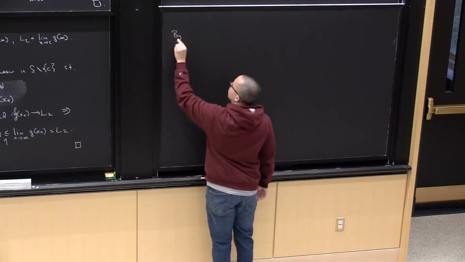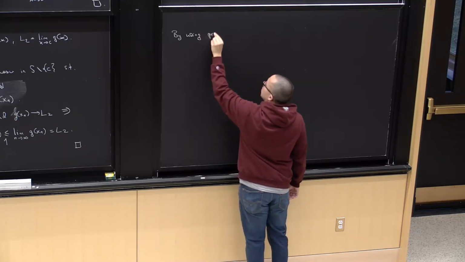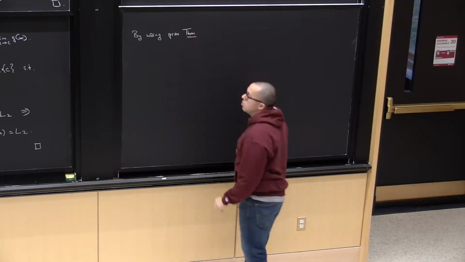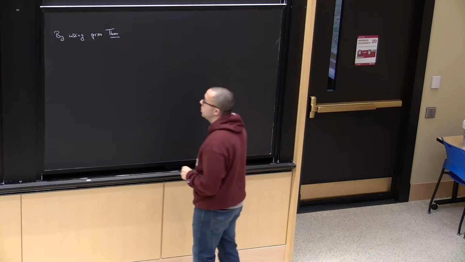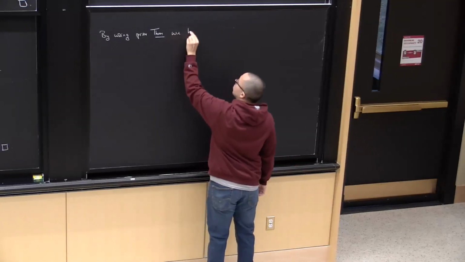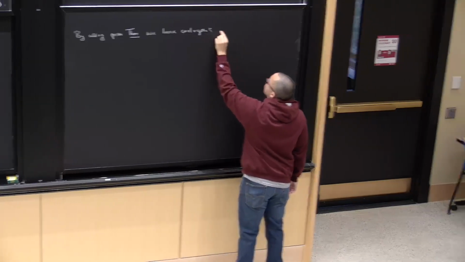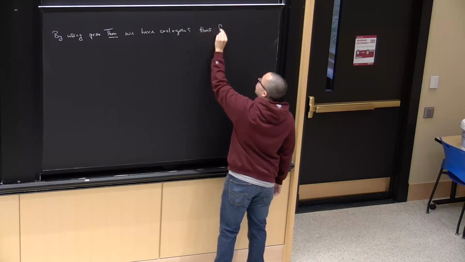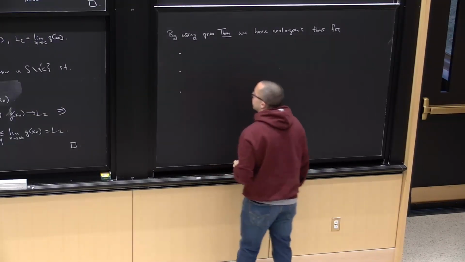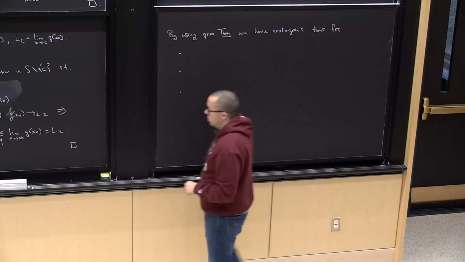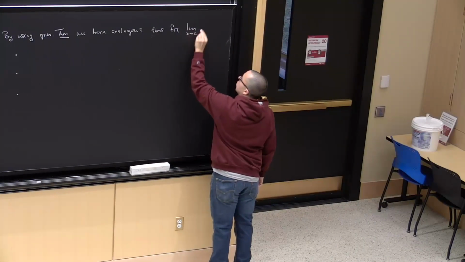So by using the previous theorem, which connects convergence of functions to convergence of sequences, we have analogous theorems for limits of functions.